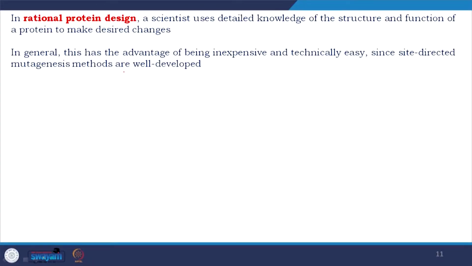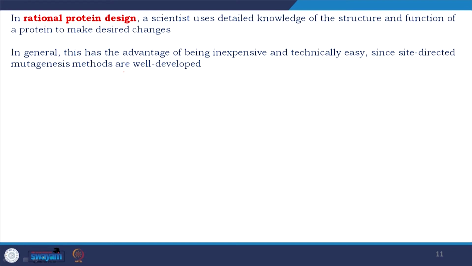In rational protein designing, a scientist uses detailed knowledge of the structure and function of a protein to make desired changes towards getting an updated protein. I am keeping it common because updated may be anything. In general, this has the advantage of being inexpensive and technically easy, since site-directed mutagenesis methods are well developed.